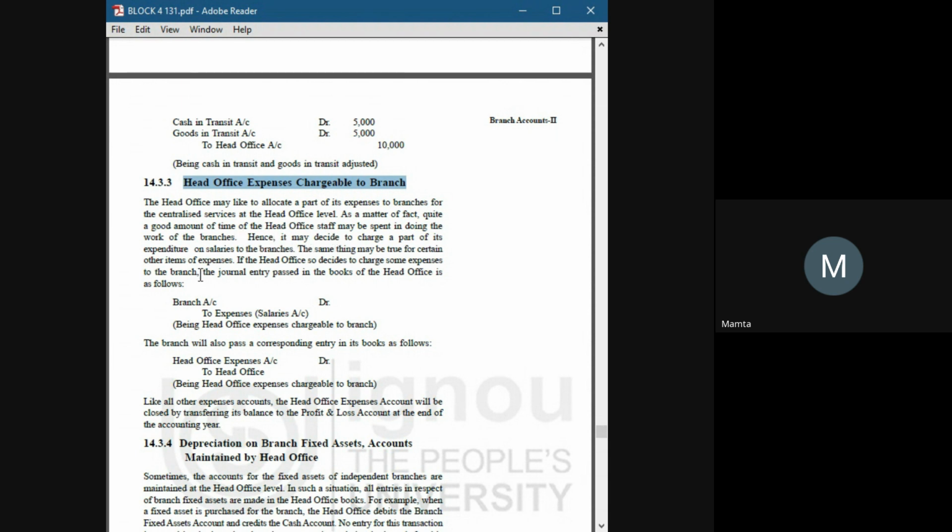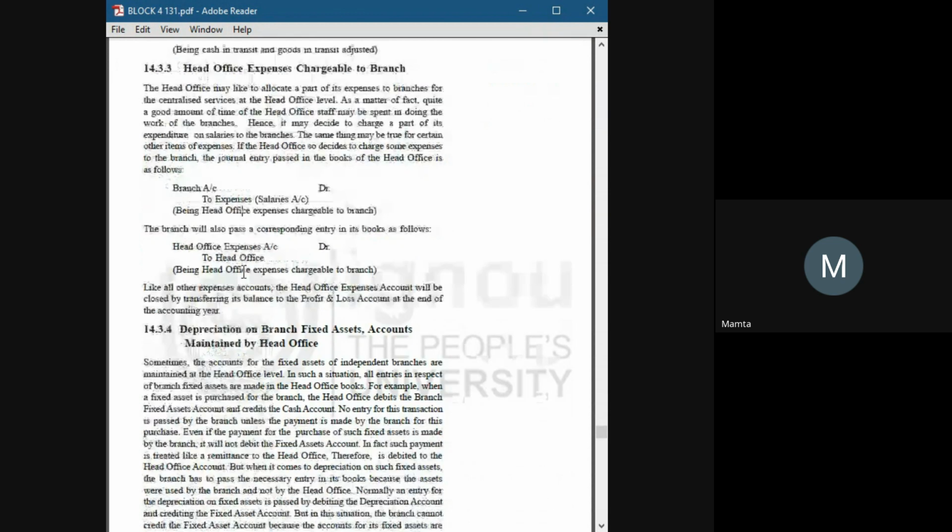In that case, for these days, the branch is entitled to pay your salary. So it is considered head office expenses chargeable to branch. The branch will pay your salary for those days.